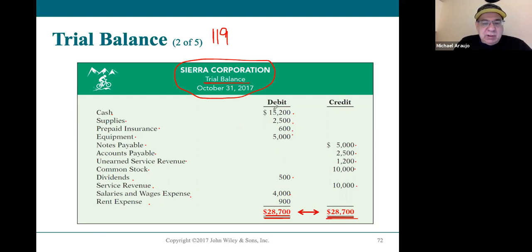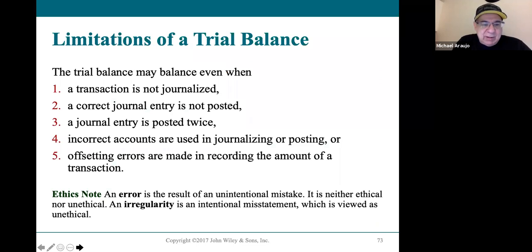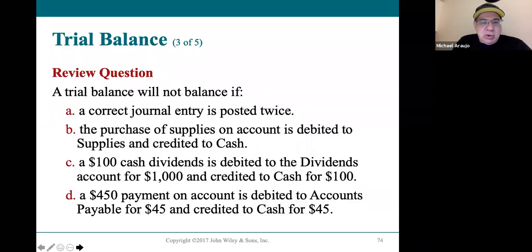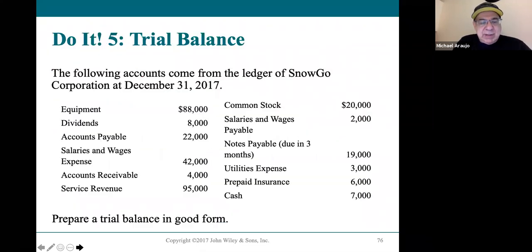Or if you still get everything right, there still might be other errors to look for, like a posting error. So there are ways in which we backtrack. The trial balance isn't the be-all and end-all of everything, but it is a very, very important exercise that we do to make sure that the general ledger is balanced.